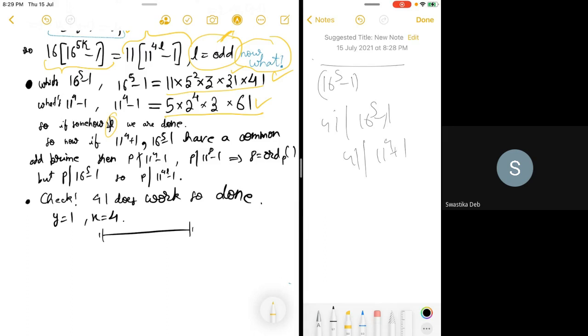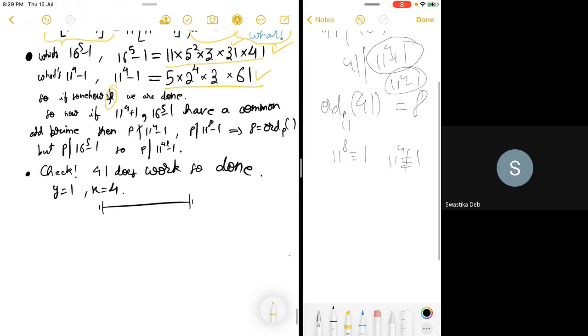Moreover, notice that the order of 11 in mod 41 is actually equal to 8. This is because 41 divides 11 to the 4 plus 1, and 11 to the 4 minus 1 does not divide this. So that means 11 to the 8 is congruent to 1, but 11 to the 4 is not congruent to 1.